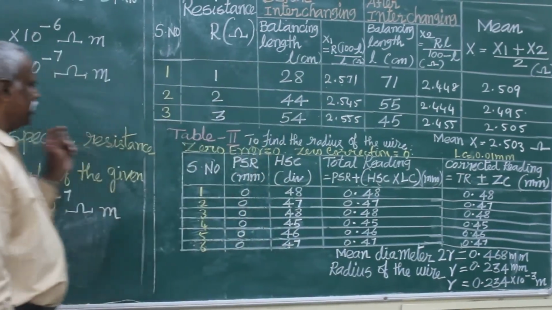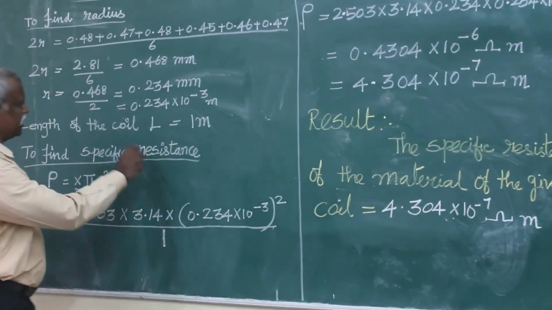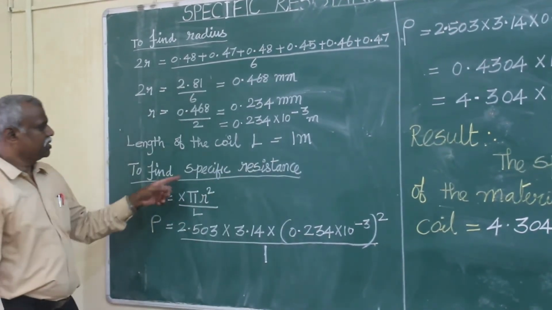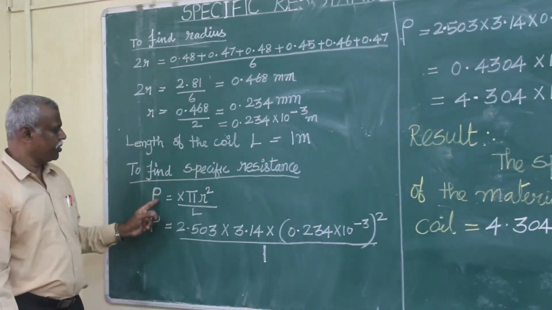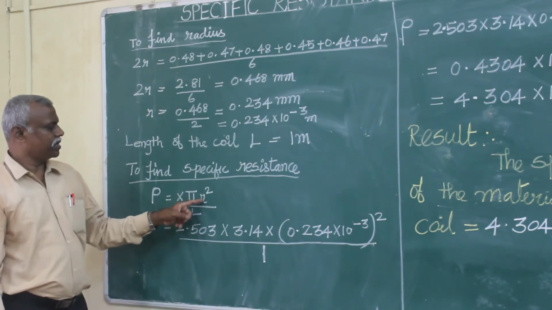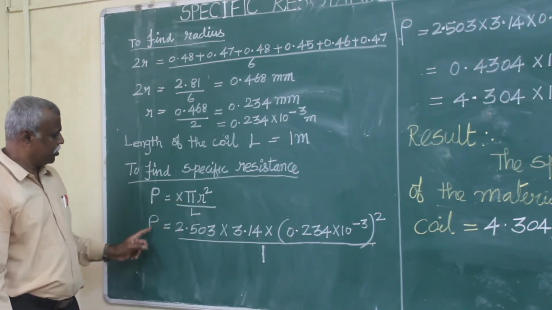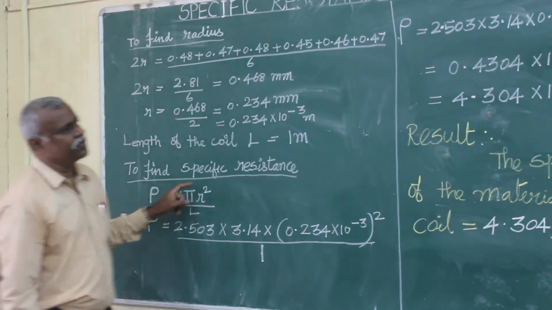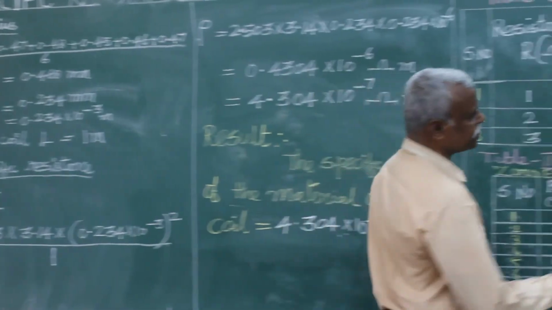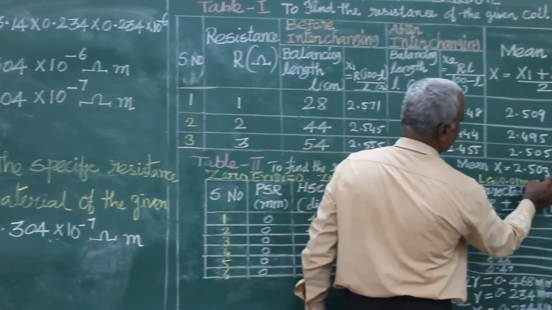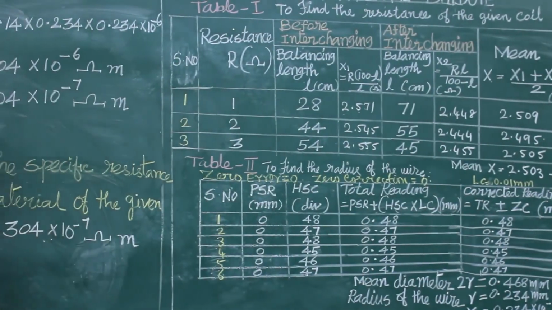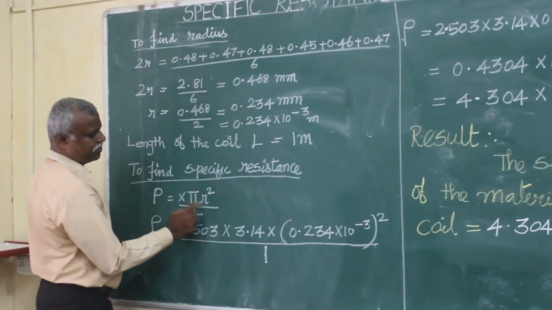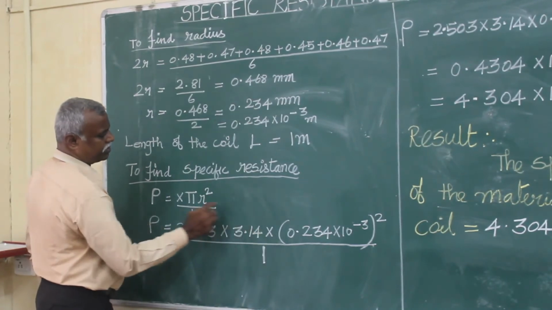Now, the length of the wire. The length of the coil will be L equal to 1 meter. You have to find out the specific resistance now. Therefore, rho equal to x into pi r square by L. Substitute the value of x here, 2.503, into pi value 3.14 into r square.